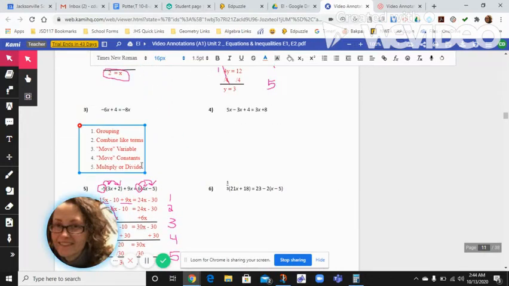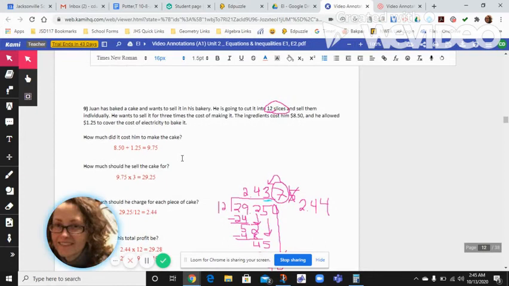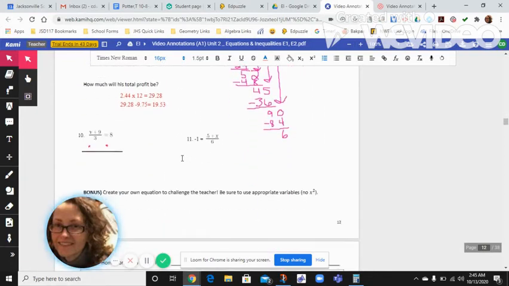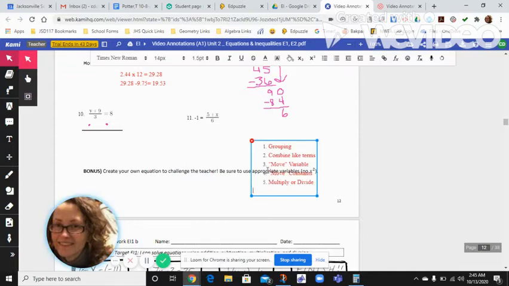So again, when I'm trying to solve these linear equations, I'm going to do the following 5 steps. So I want to take care of any grouping symbols first. Now, in this problem, my grouping symbols look a little bit different.